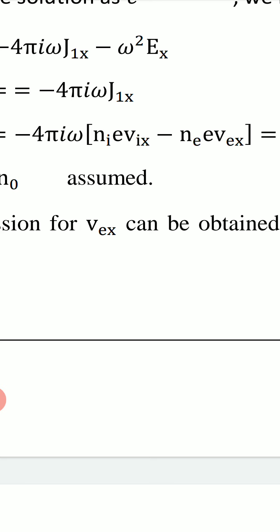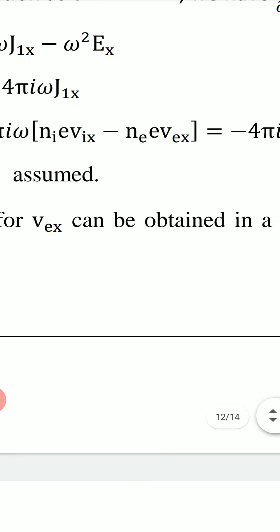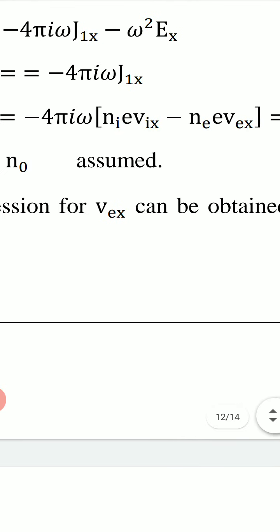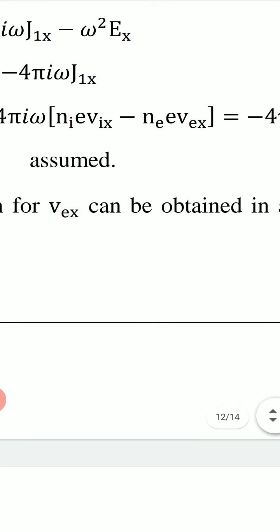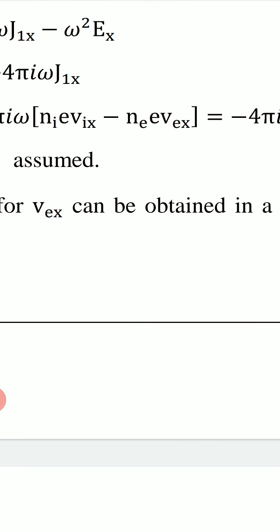These are the number of ions per unit volume and the number of electrons per unit volume. Vix is the x component of ion velocity and Vex is the x component of electron velocity. So J1x is written from the formula J equal to NeV. We write for ions Ni e Vix, and for electrons we write minus Ne e Vex. Charge on electron is minus e, so it is negative.